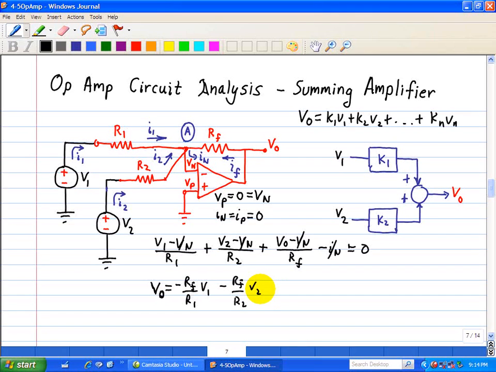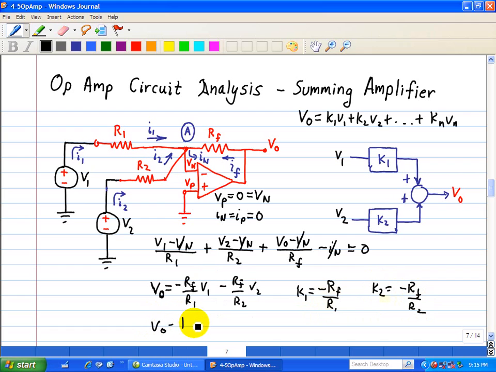Now, to put it in block diagram form, we'll define this ratio of negative RF over R1 as K1, and K2 is equal to negative RF over R2.